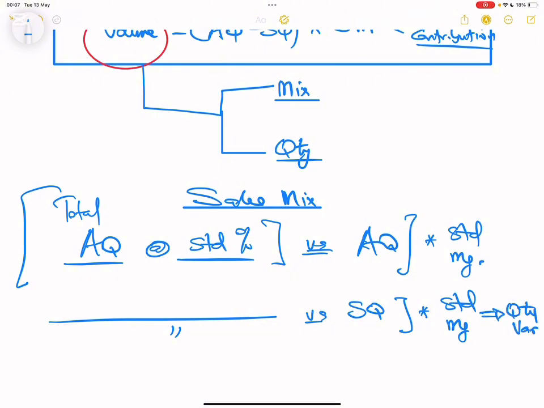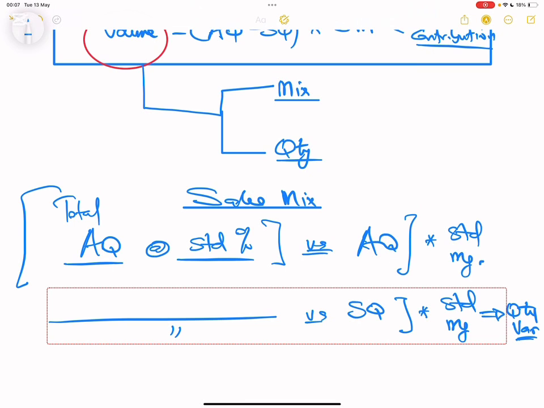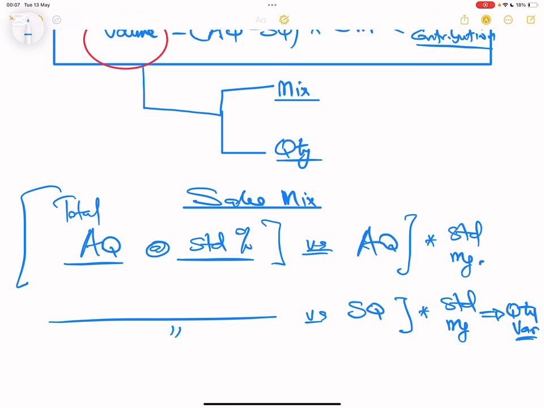And this quantity variance is the same thing we used to call the yield variance under the material usage analysis. I'm going to use a question to even explain this further, but this is just an overview of what we're talking about.